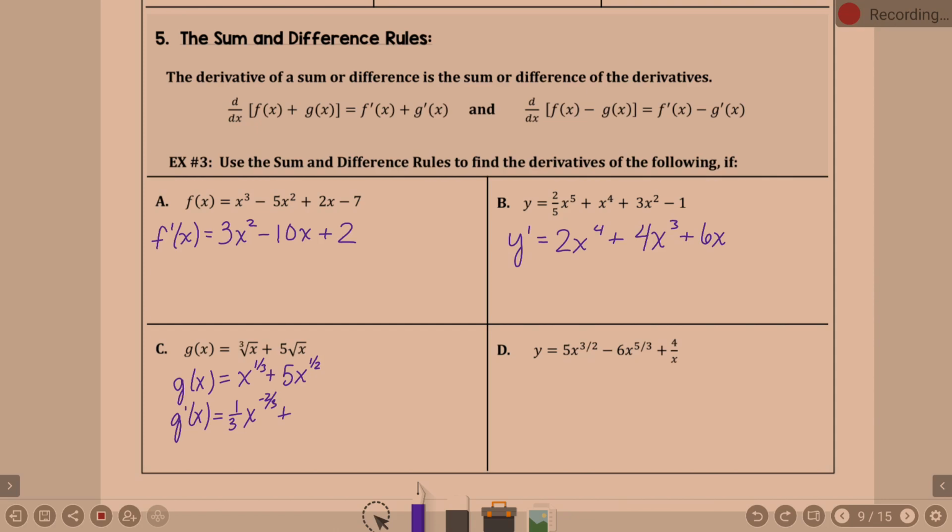I'm going to leave it improper though. I'm not going to say 2.5. 5 halves. Half times 5 is 5 halves. X to the negative 1/2. You guys there? Now, go one more step. Don't leave negative exponents.